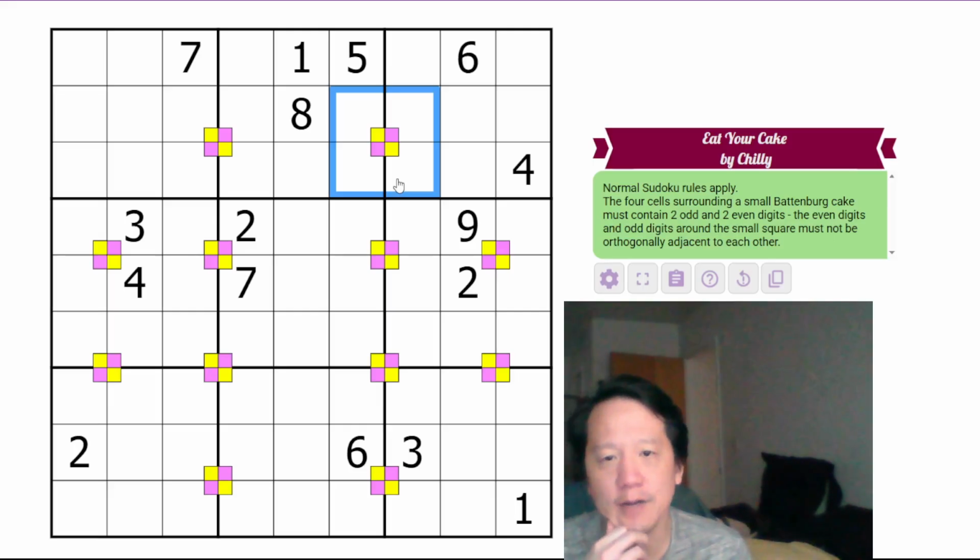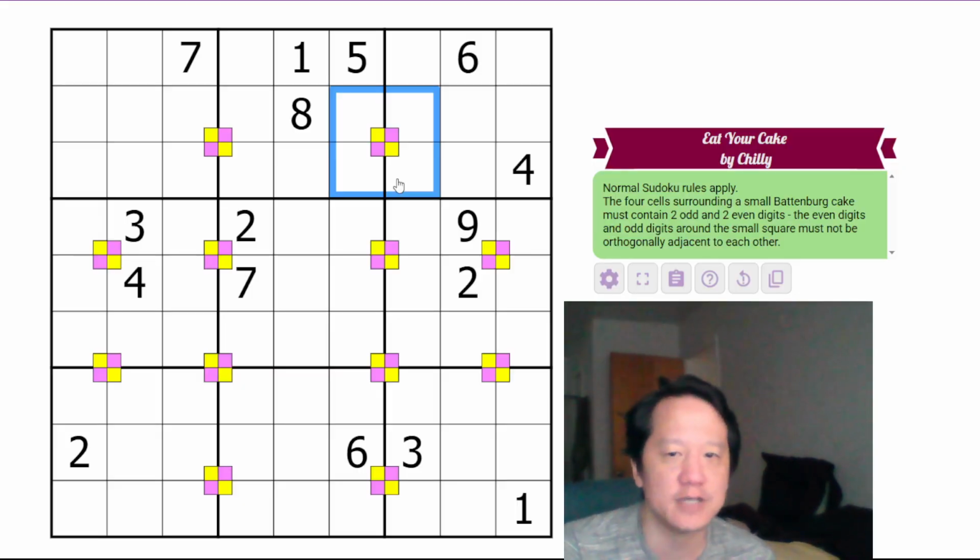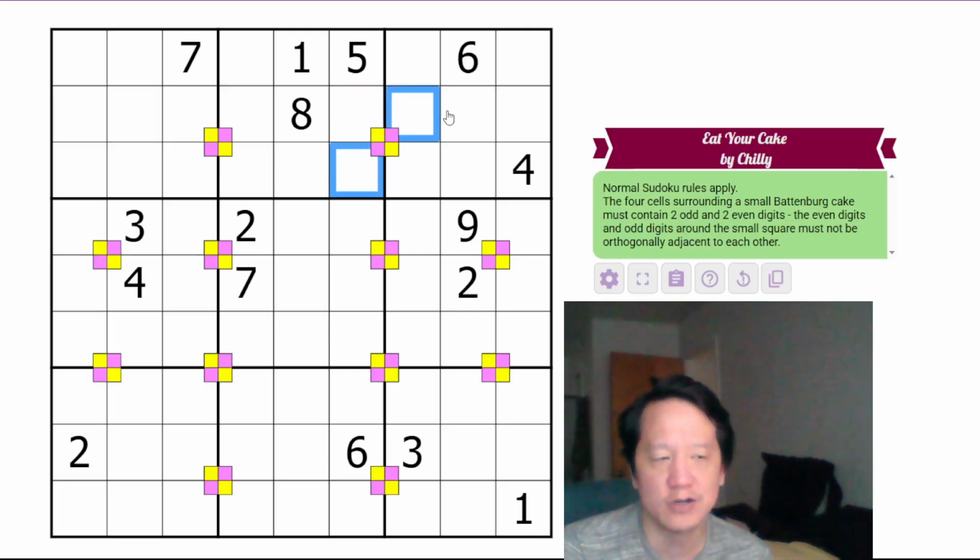And what is orthogonally adjacent? It just means that the cells cannot share an edge. So around the square, you cannot have 2 even digits share an edge. You cannot have 2 odd digits share an edge. So necessarily, you must have 1 even and 1 odd in each row and column.